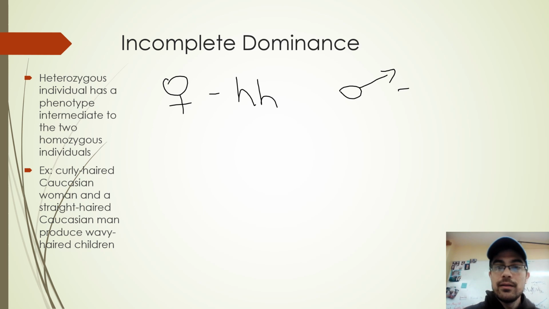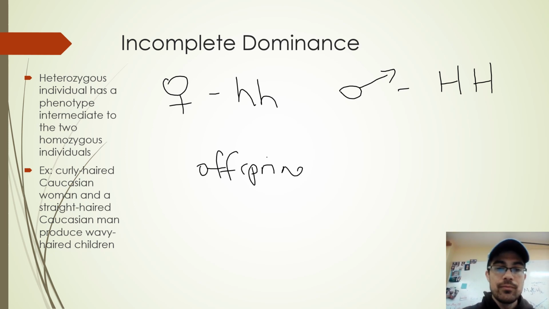would be capital H, capital H. When you mix the two, remember, the only gamete that the male can produce in this case is a capital H. The mother can only produce a lowercase recessive one, and so that means their children, or offspring, whatever you want to call it, will all be capital H, lowercase h, which equals wavy hair.